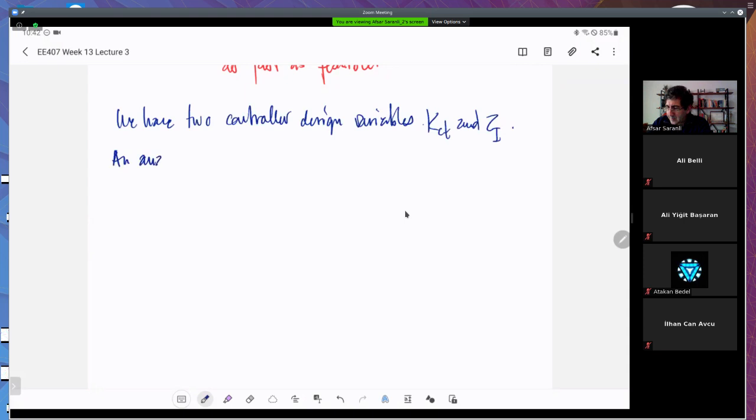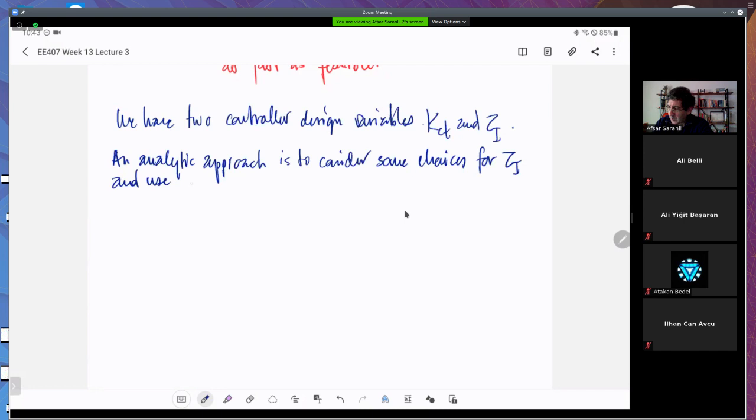An analytic approach is to consider some choices for tau I and use root locus sketches with respect to KCT to make a final choice.